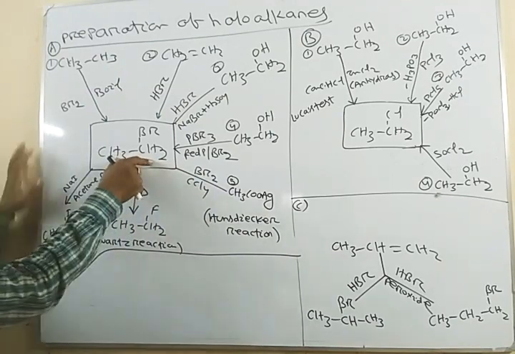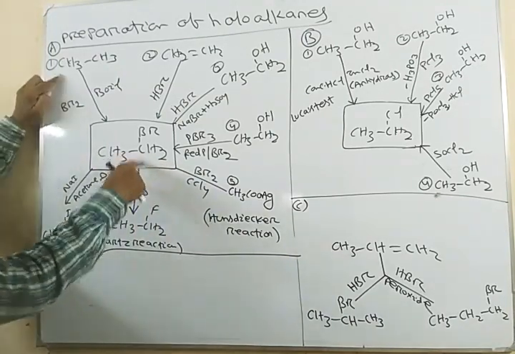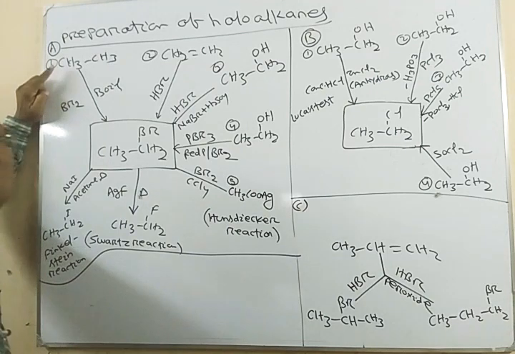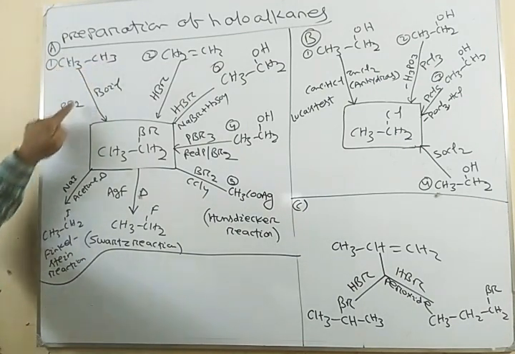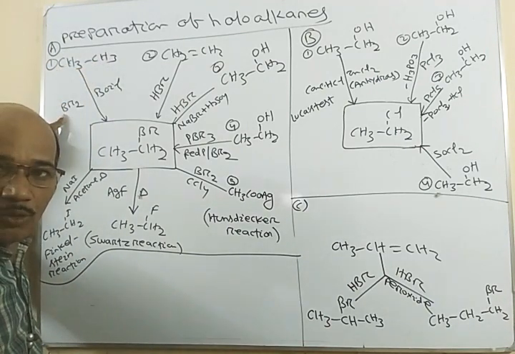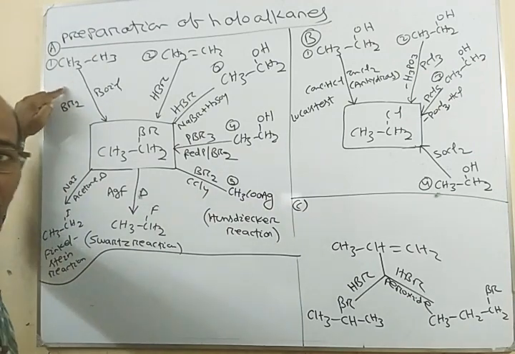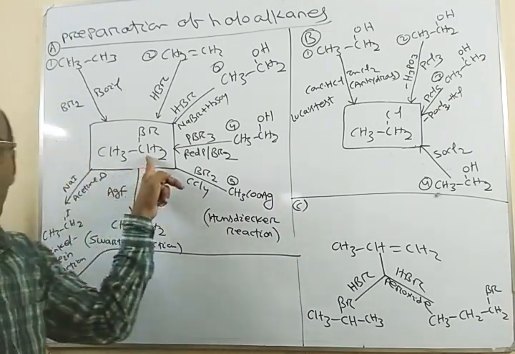I can prepare ethyl bromide from ethane simply by boiling the ethane with bromine. So when ethane is boiled with bromine, then ethyl bromide is formed.